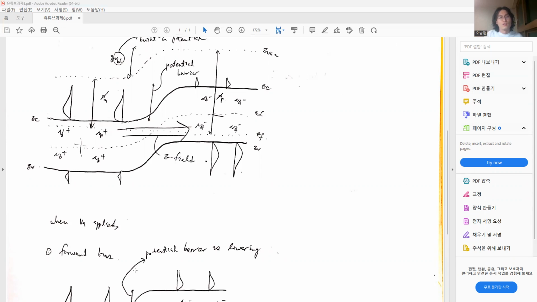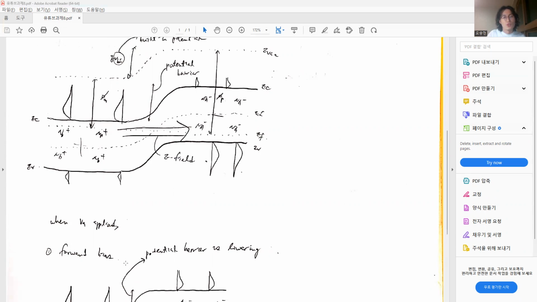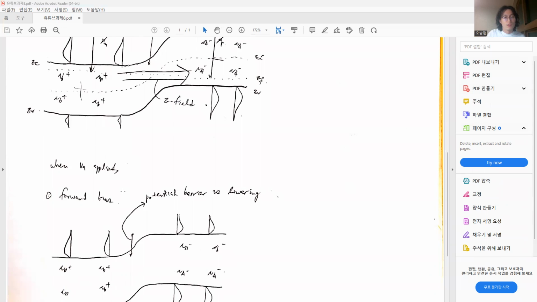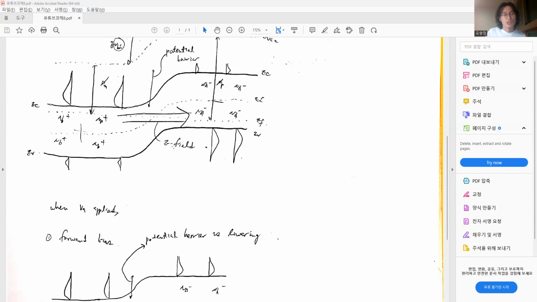So the current can flow by this forward bias, by overcoming this potential energy barrier.